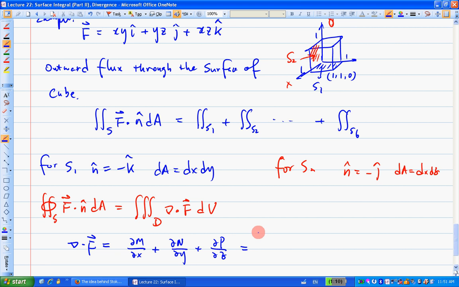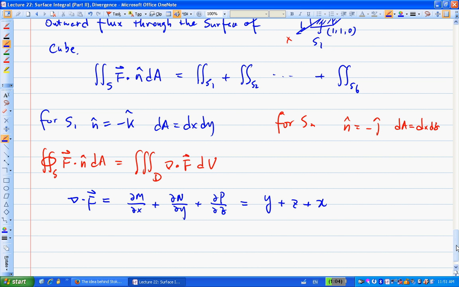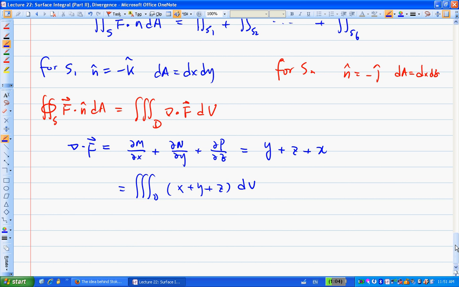So what would that give us? y, z, x. So that gives us this. Now I'm going to plug this quantity into this formula. So we end up with the triple integral of x plus y plus z dV.